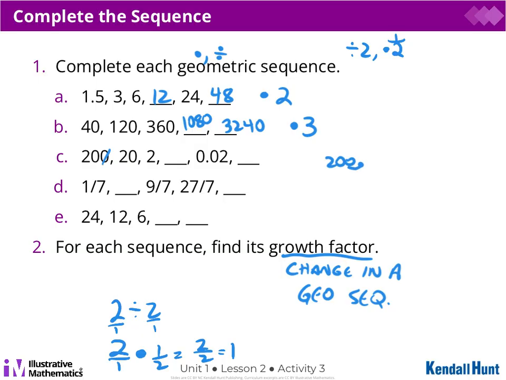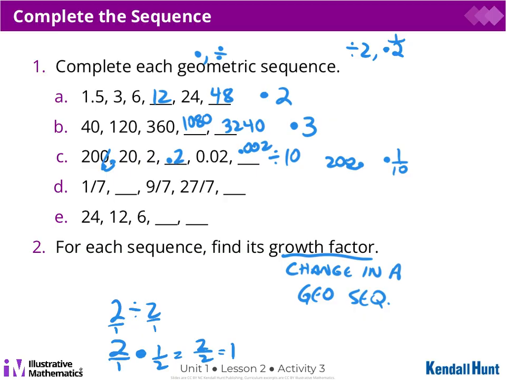If you move the decimal point left, that's the same as dividing by 10 or multiplying by 1/10. So the next number is 0.2 and the next number is 0.002. How do I know that? Whenever I divide by 10, the imaginary decimal at the end of every number that you don't see moves left 1 spot.